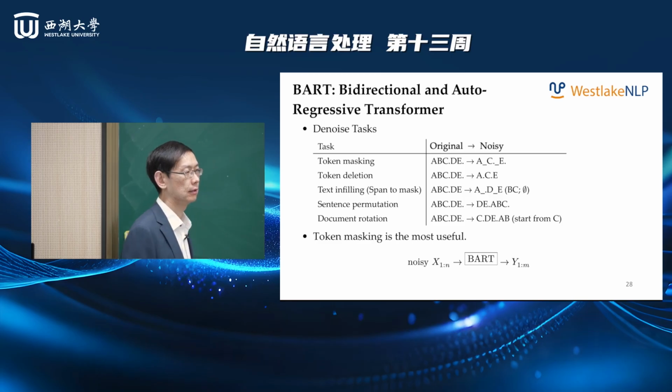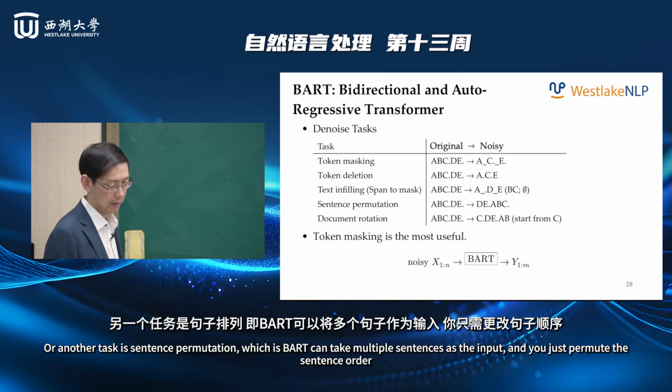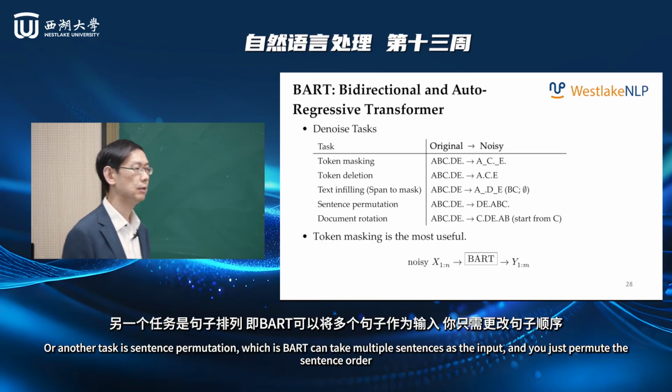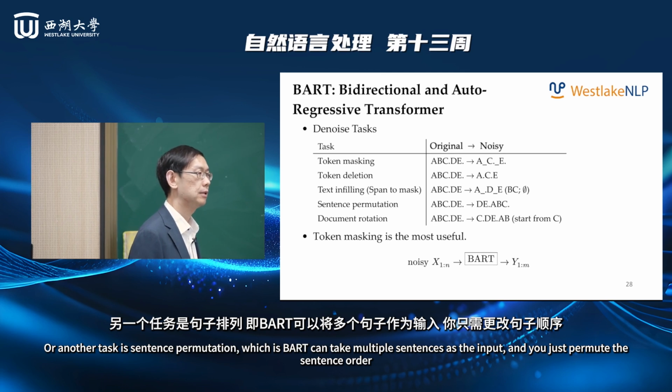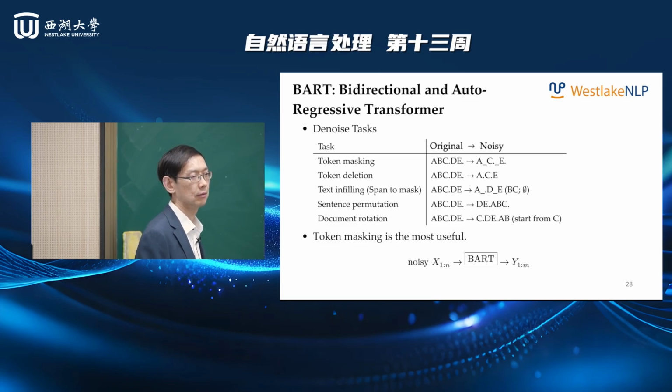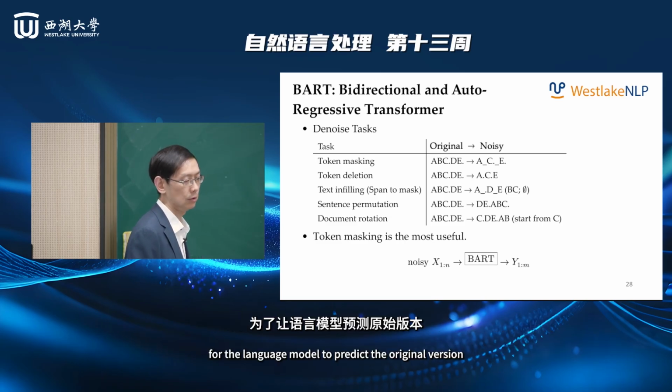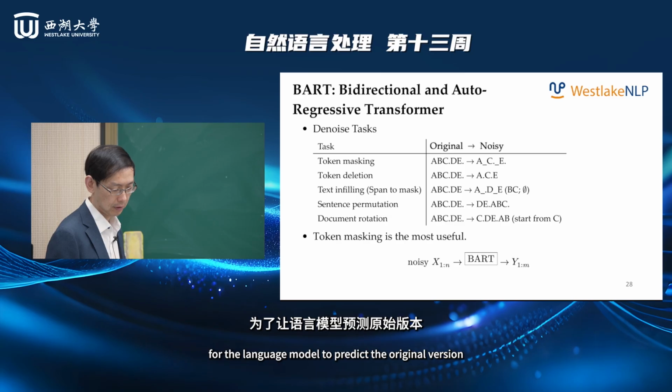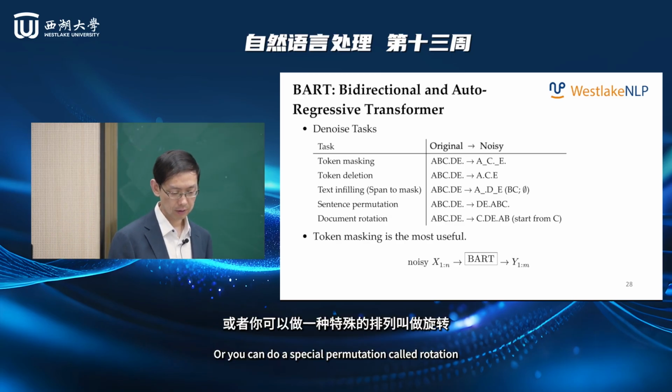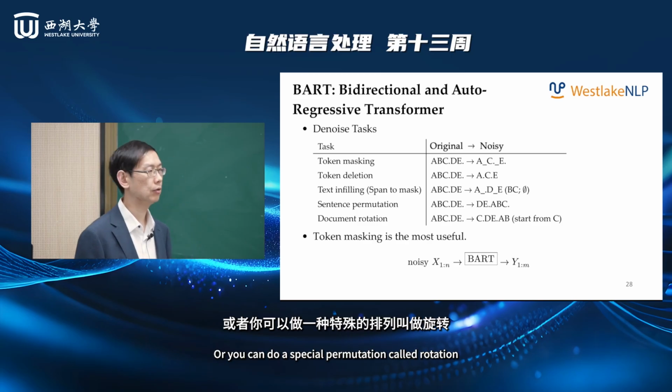Another task is sentence permutation, where BART can take multiple sentences as the input, and you permute the sentence order for the language model to predict the original version. Or you can do a special permutation called rotation.